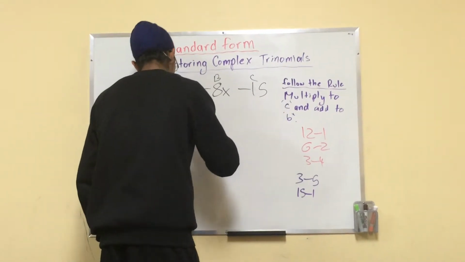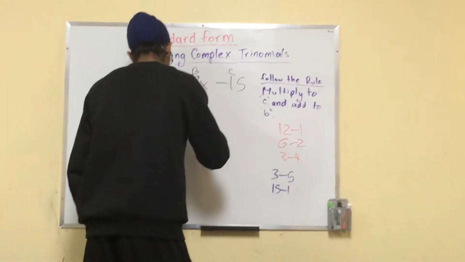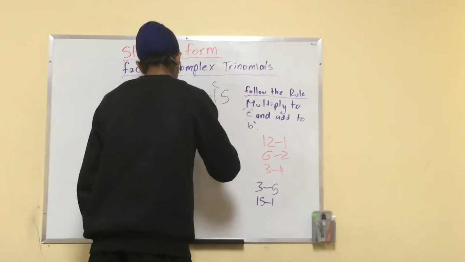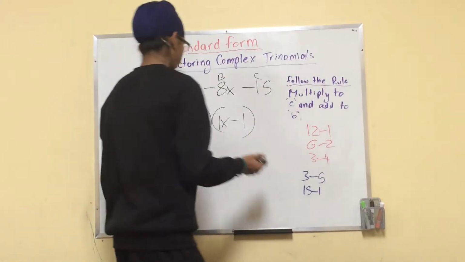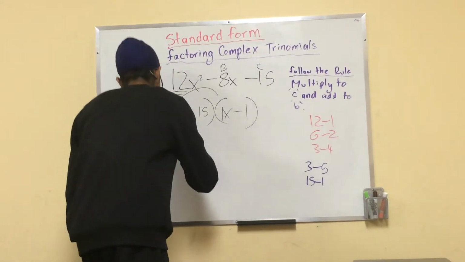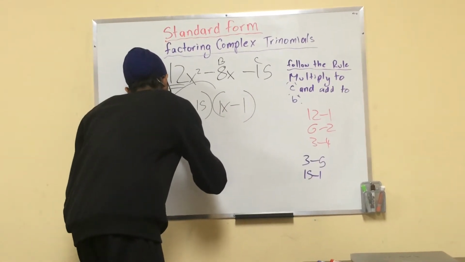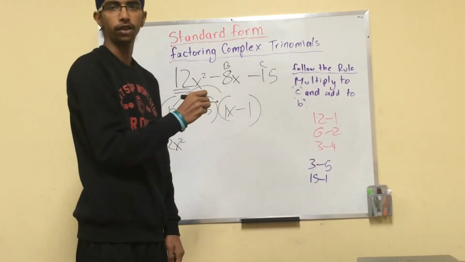So let's do 12x plus 15, and then 1x subtract 1. Okay, so class, what's 12x times 1x? 12x squared. What's 12x times negative 1?